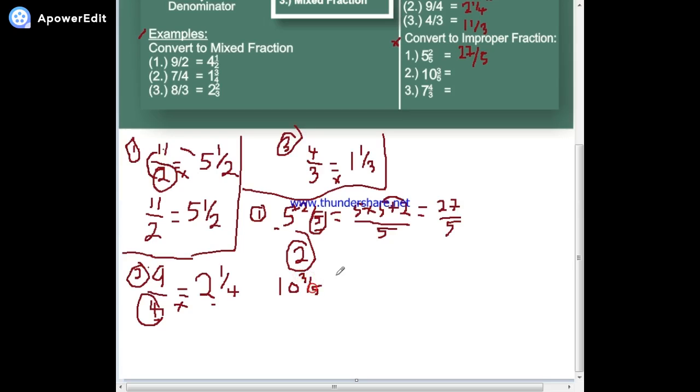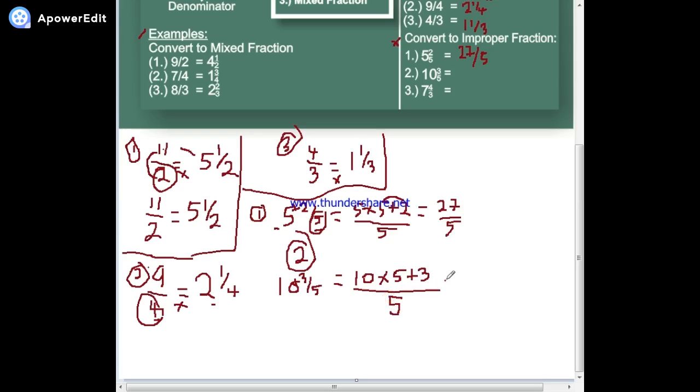We multiply the whole number by the denominator, which is 10 times 5, plus the numerator, which is plus 3, everything over 5.